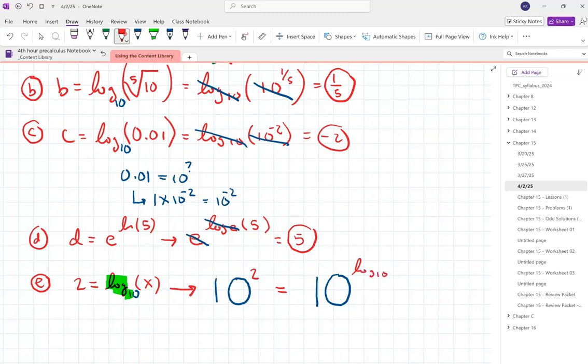Why did I make it so big? I made it so big so you wouldn't confuse it with multiplication. It's supposed to look funny and get your attention. So exponent base 10 will cancel log base 10. So we just have x is equal to 10 squared, or just x is 100.